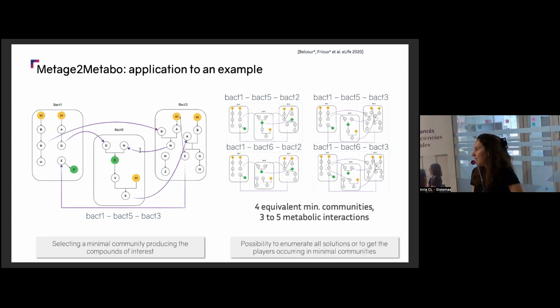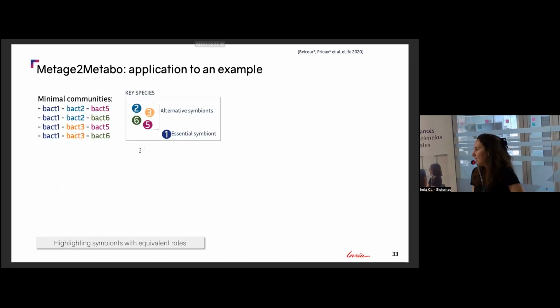So the interest of reasoning approaches, of the solvers that we use, is that they are very efficient at exploring the solution space and enumerating solutions. Here we can very easily get the information that there are 4 equivalent minimal communities of size 3, that they have varying number of metabolic interactions, but that is very easily obtained. So here are our 4 minimal communities.